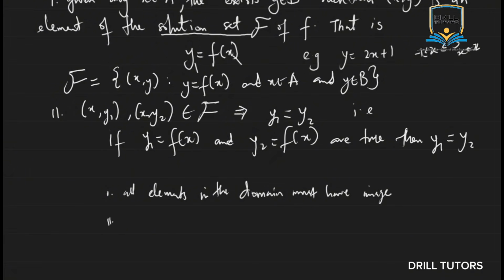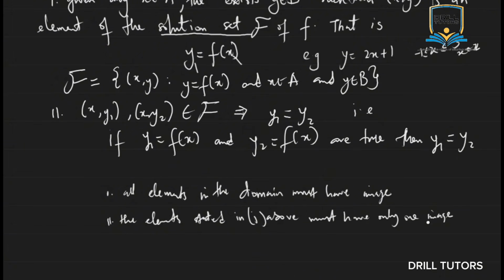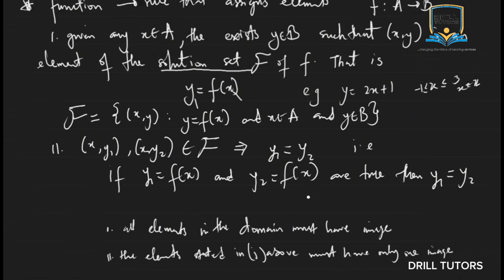Then number 2, the elements stated in the first principle above must have only one image. So they are not permitted to have more than one image. Do you understand? That's it. They can have only one image. They can't have more than one.